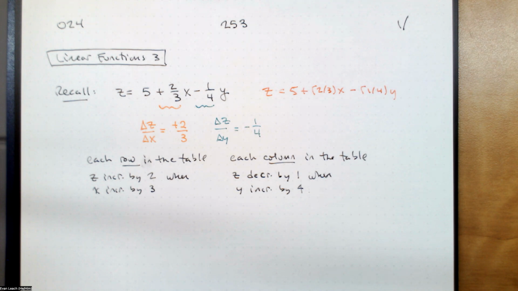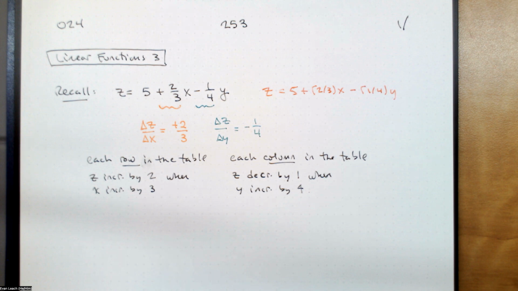Here's the memory that this should tap into, even though we haven't brought it up yet. I have slope and I wrote it delta z over delta x, but I said dz dx because eventually these changes are going to get very small. And instead of finding slopes with secants, we're going to be finding slopes with tangents. So these are future derivatives. There's 2 of them, and we're only considering how z is changing in the x direction and the y direction. So we're going to call them partial derivatives.